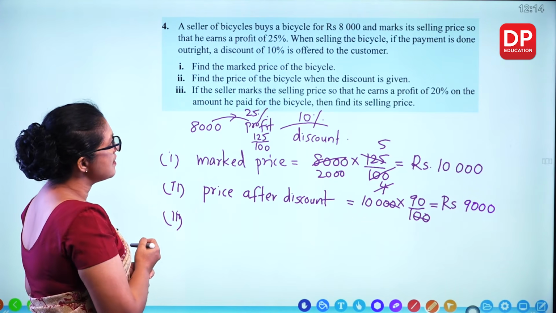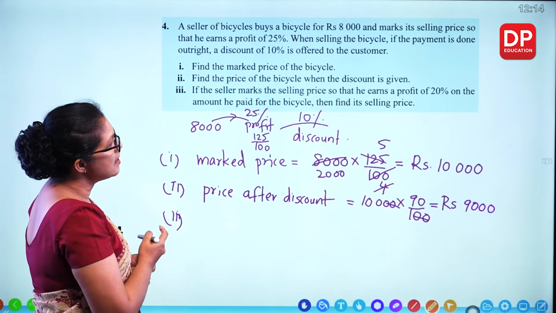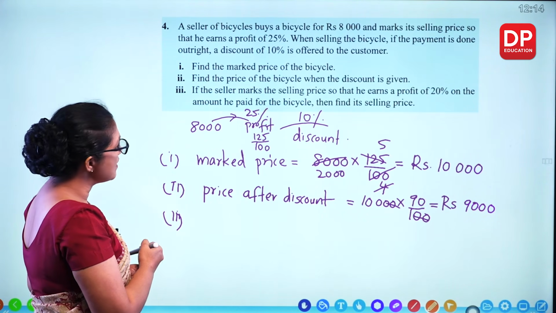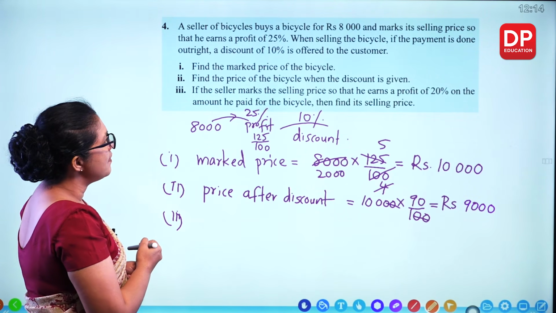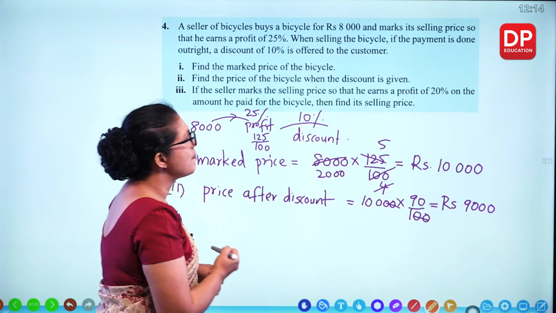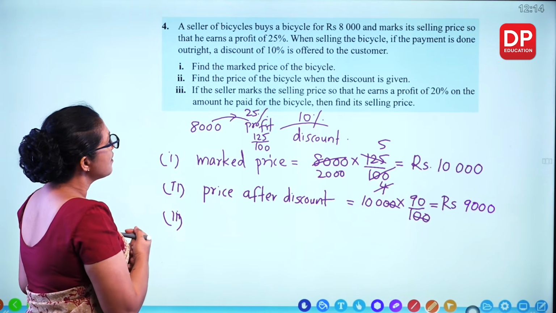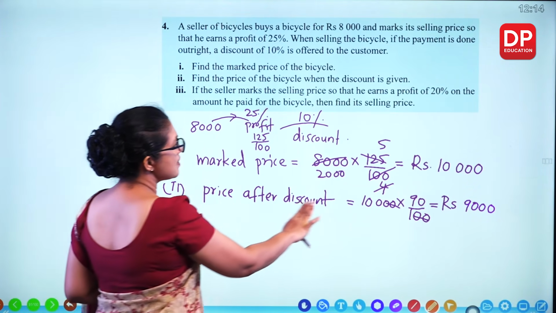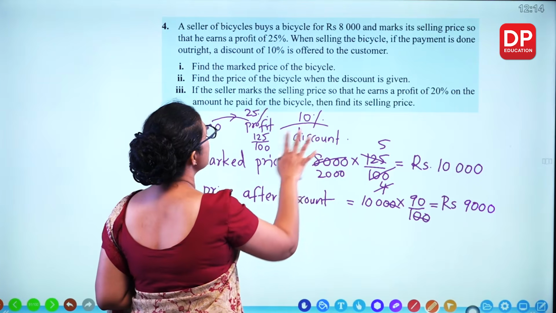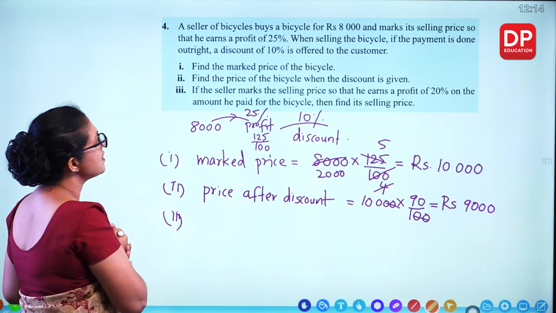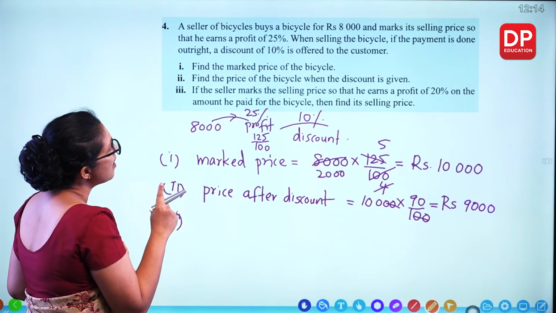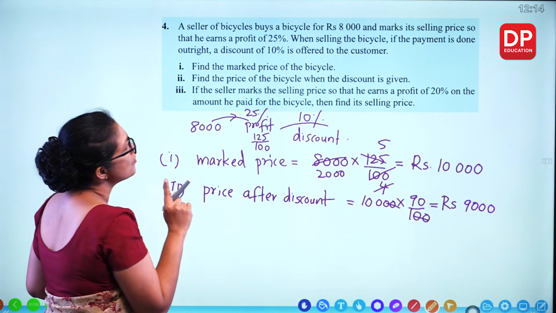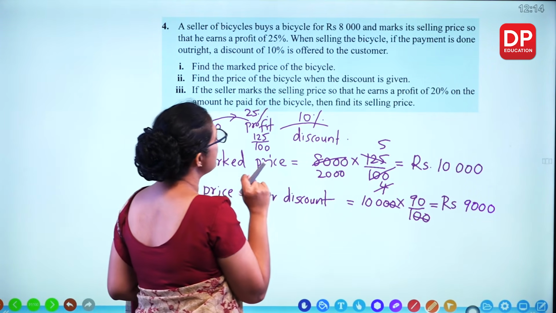If the seller marks the selling price so that he earns a profit of 20% on the amount he paid for the bicycle, then find its selling price. Now, this is with the 10% discount, so this is the price after discount. If the seller marks the selling price so that he earns a profit of 20%.